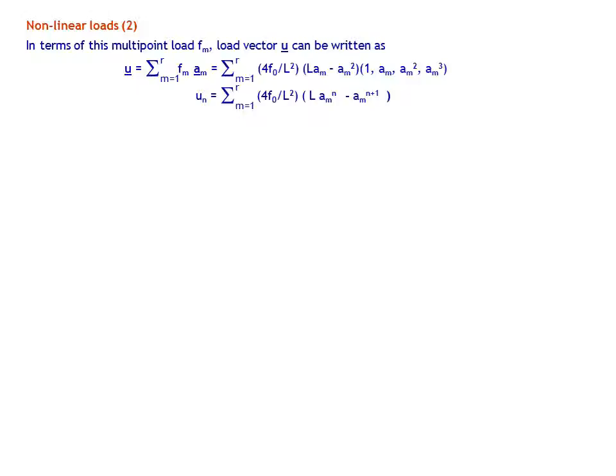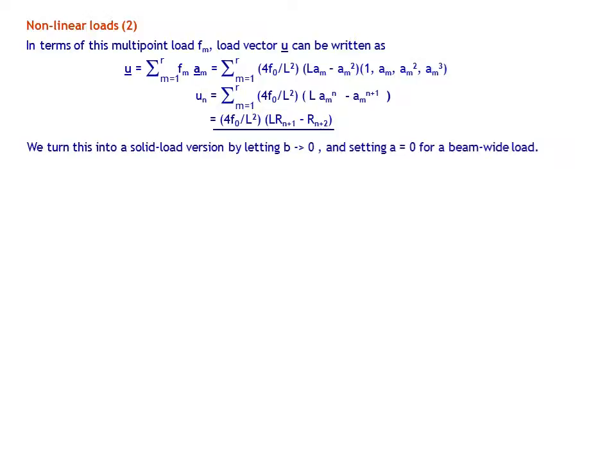And using the results of the Am summations from an earlier slide, we can carry out these summations to give Un is equal to 4f0 over L squared into LRn plus 1 minus Rn plus 2. At this point, we're still dealing with a multipoint load, so we need to convert the multipoint Un into solid load Un, which we do as before by letting b go to naught.